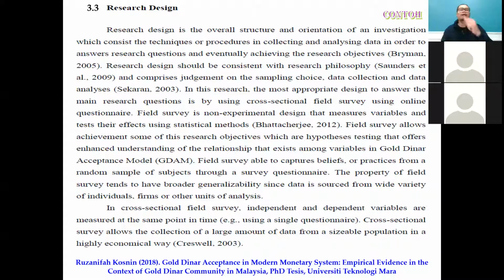In these two paragraphs, the authors try to highlight their research design. Not just giving only a definition, you need to highlight your reason. You need to explain your philosophy, your approach, your research strategy, your time horizon, and your technique also.